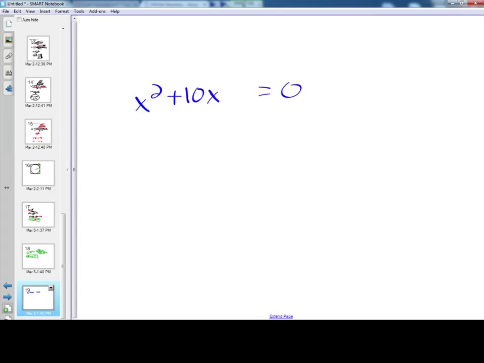Do I have a perfect square here? I don't. Can I factor that into a perfect square? No. Why? Well, 0 times 0 is still 0.